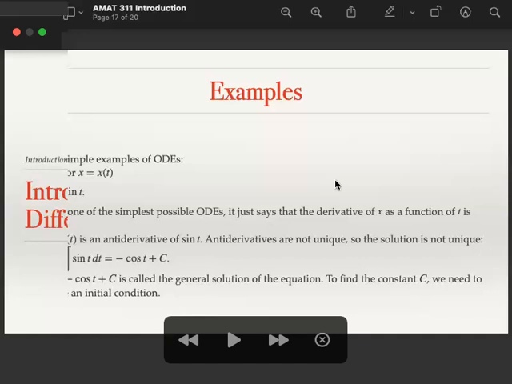It says that x is 1, so we plug in 1 for x, at the point where t is equal to pi over 2. So we plug in pi over 2 for t. So 1 is equal to minus cosine of pi over 2 plus c. Well, cosine of pi over 2 is 0, so this means that the constant c is 1. So if we are given an initial condition, we can actually determine the constant c, and it is equal to 1. This is the unique solution of this initial value problem.